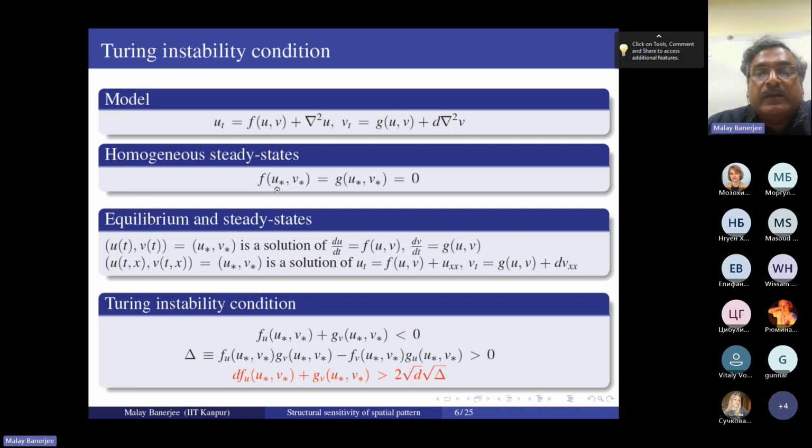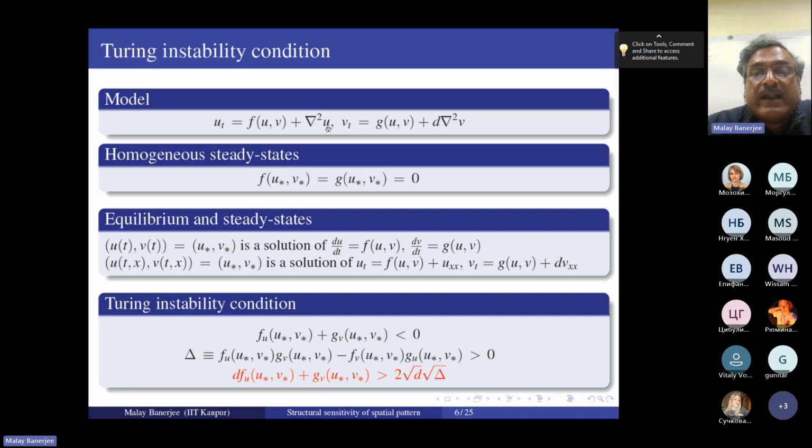That means u star and v star are feasible solutions of these two simultaneous equations, not coupled, simultaneous equations. And one can verify that u of t comma x equal to u star and v of t comma x equal to v star is a solution of this coupled equation also.